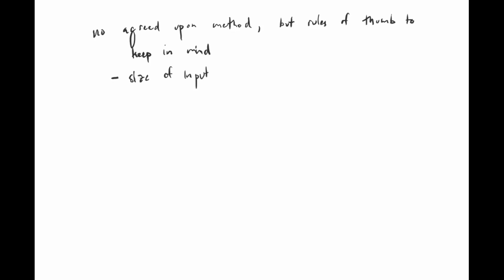So no, I would say there's not really an agreed upon method, but rules of thumb to keep in mind. Size of input layer usually is going to be bigger than hidden nodes, bigger than size of output.